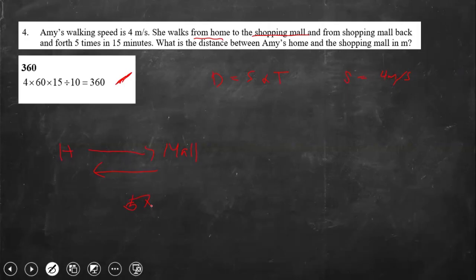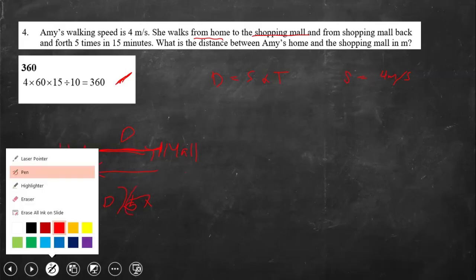So let's call the distance from the home to the mall D. Since she walks back and forth, it's 2D. Then since she does that 5 times, we multiply it by 5.